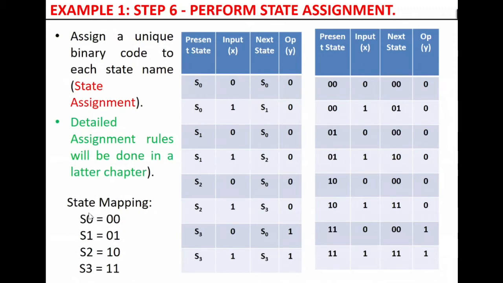We will look at different ways of mapping to reduce your machine. But for now, if you have 4 states, you can represent them by two binary variables, and those two binary variables can take 00, 01, 10, 11. State 0, which is almost the reset state, it's always good to call it 00, but we'll look at the rules of assigning later. That is what we call state assignment. Detailed assignment rules will be done in a later chapter.